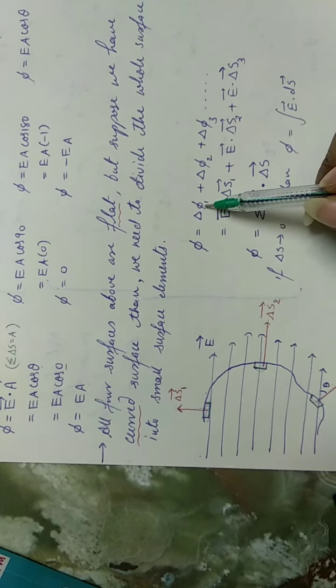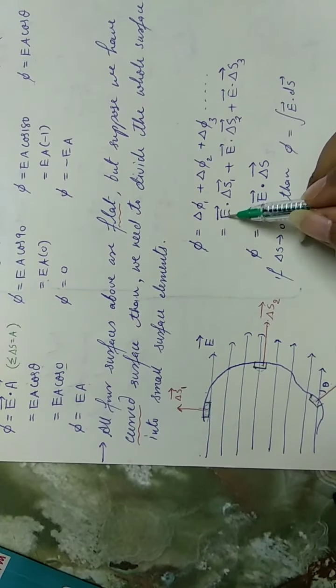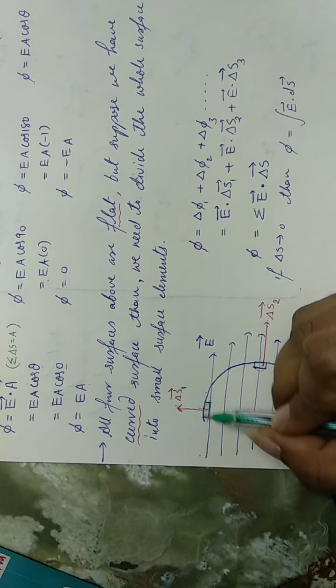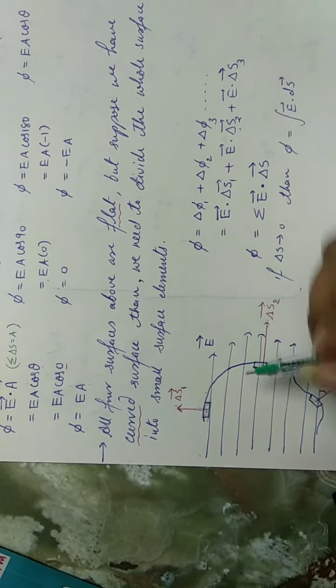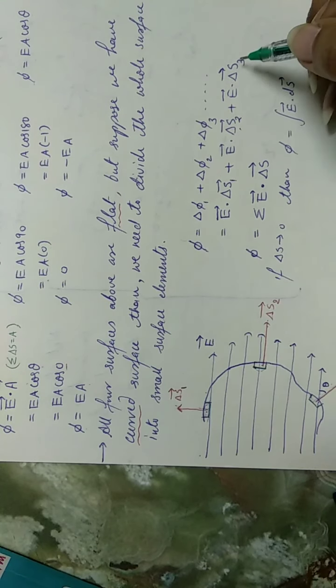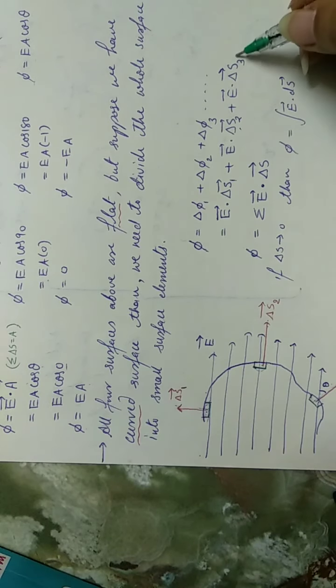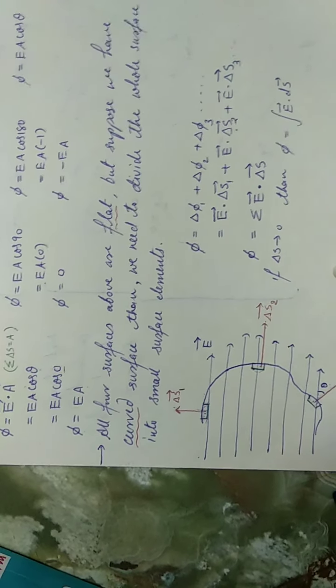According to the formula, E dot A, I can write E dot delta S1. Delta S1 is the area vector of this area element. Delta S2 is the area vector of this area element, and same way delta S3 is the area vector of this area element. We can have many area elements like this, and so on we can write the formula.